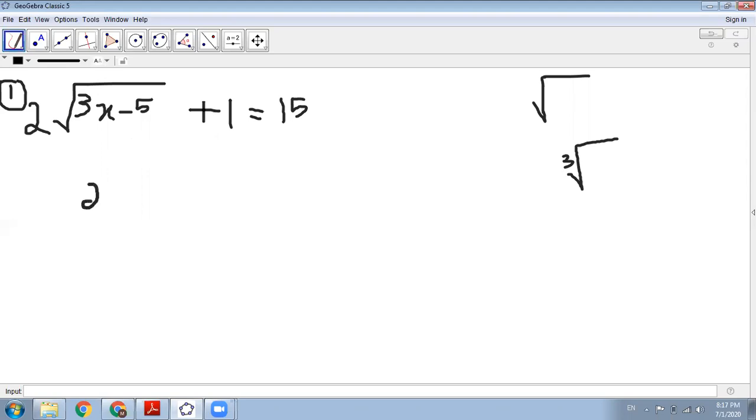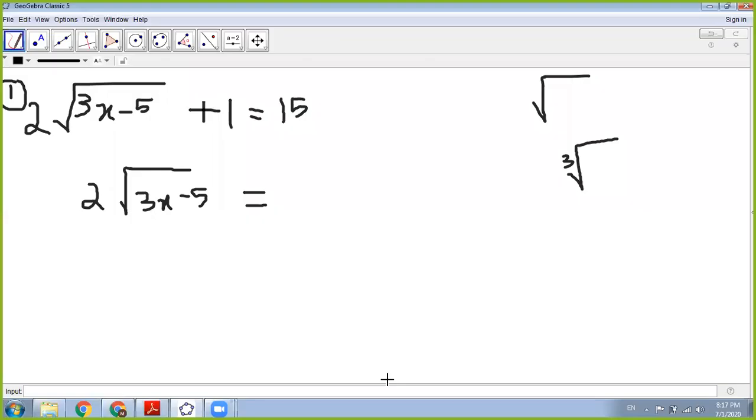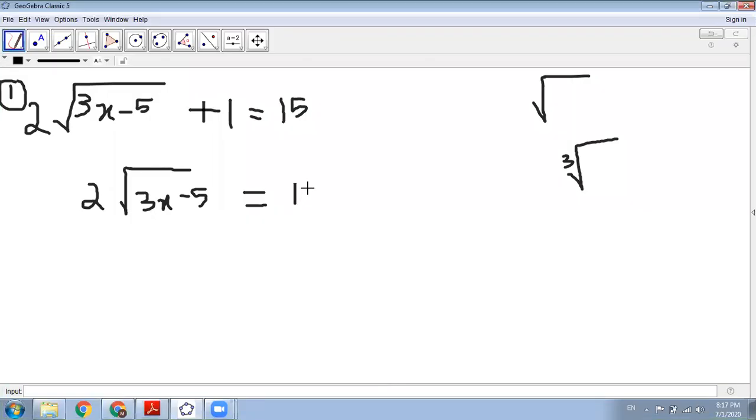It will become 2 square root of 3x minus 5 equals 15 minus 1. So it's like this: 2 square root of 3x minus 5 equals 14.